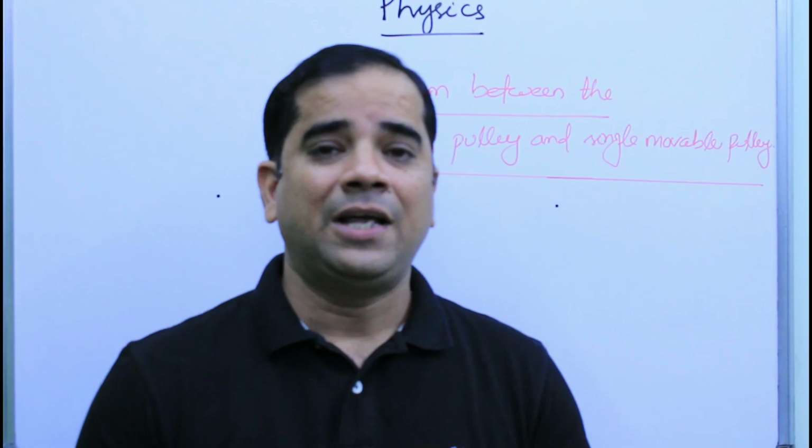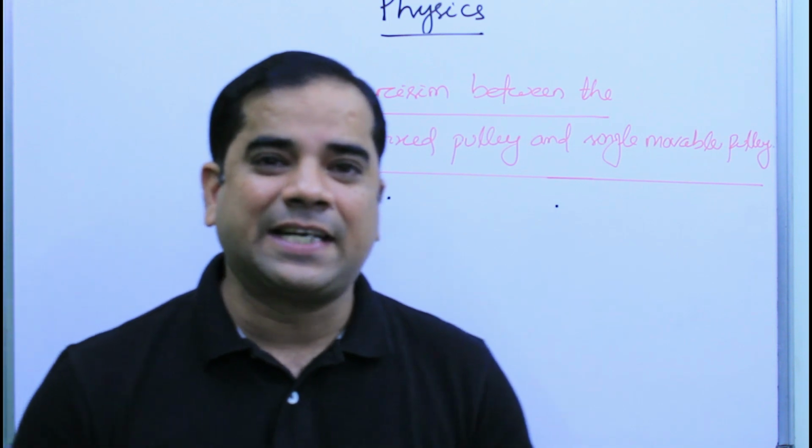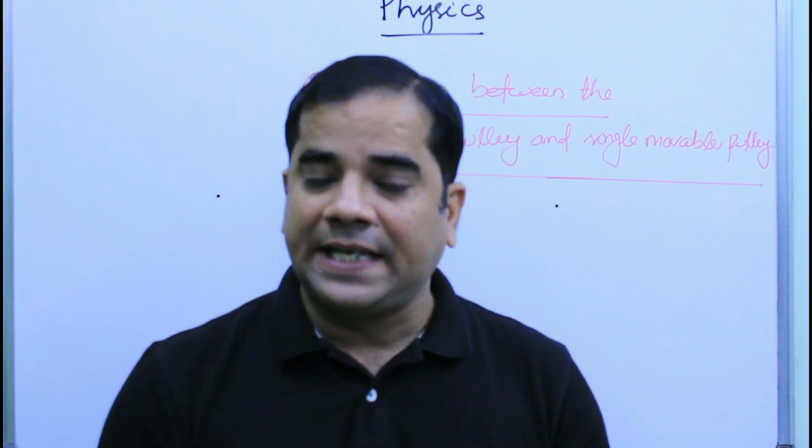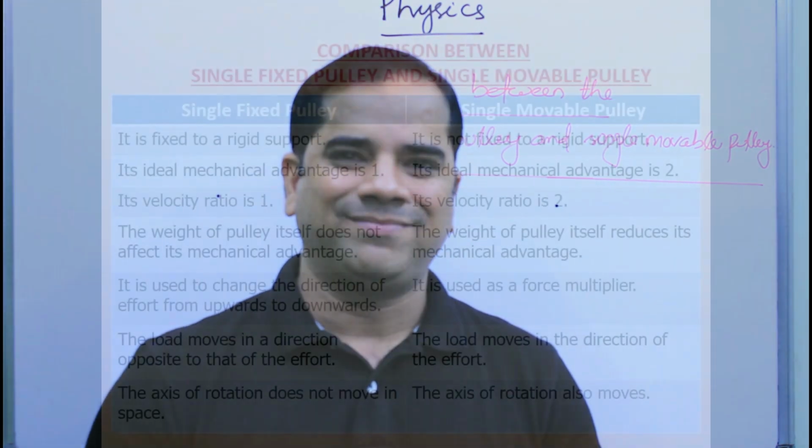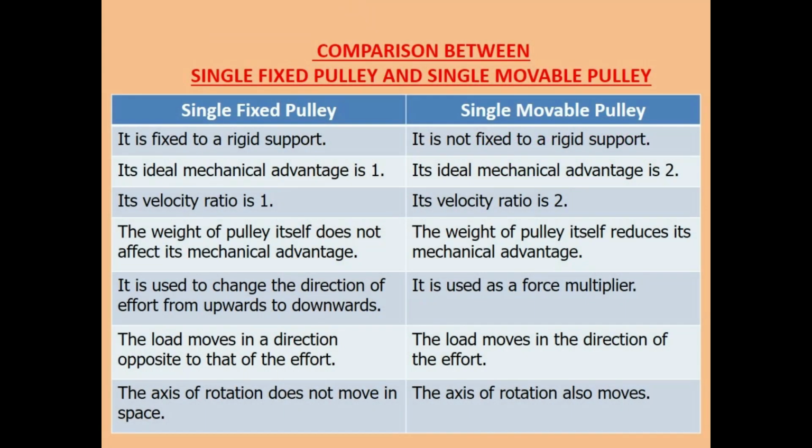Isn't it great? Students, let us now discuss the comparison between a single fixed pulley and a single movable pulley. Okay? So students, in case of a single fixed pulley, it is fixed to a rigid support, but a single movable pulley is not fixed to a rigid support. The ideal mechanical advantage of a single fixed pulley is 1, but in case of a single movable pulley, the mechanical advantage is 2.